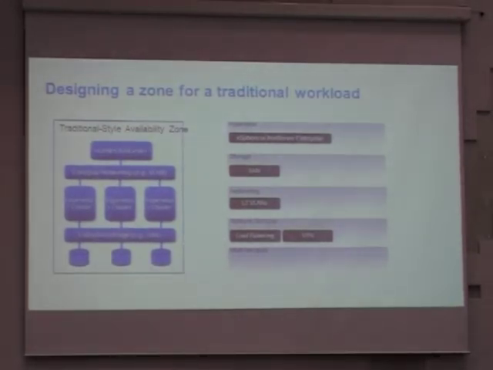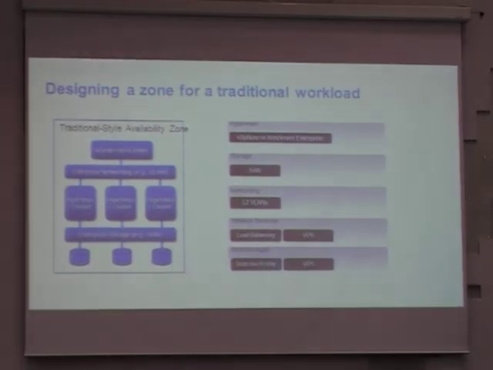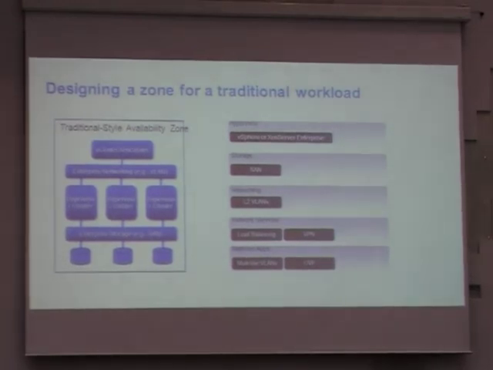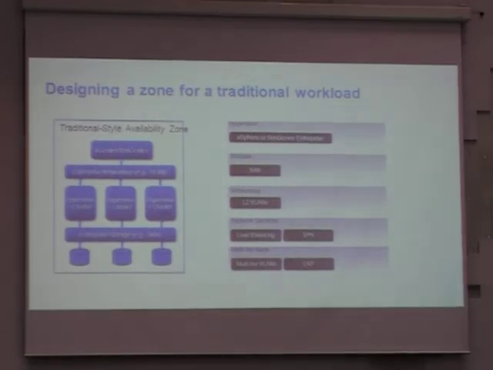The type of network services we use would be some type of load balancer. Again, the apps would require some type of multi-tier VLANs. So here on the left, this is how you would design a typical server plus workload.